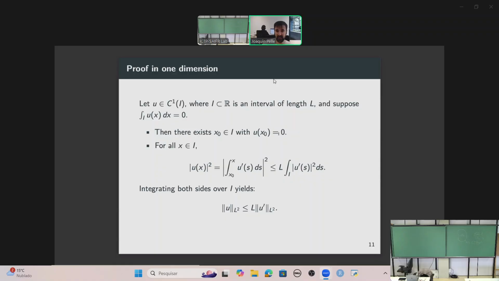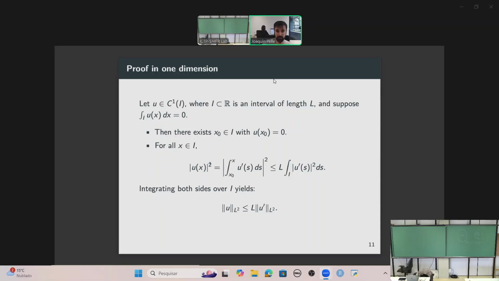And this allows us to write a very nice relation. So if we have u now evaluated at any place x, we can write that using the fundamental theorem of calculus, in this way, right? As an integral between x0 and x of the derivative.